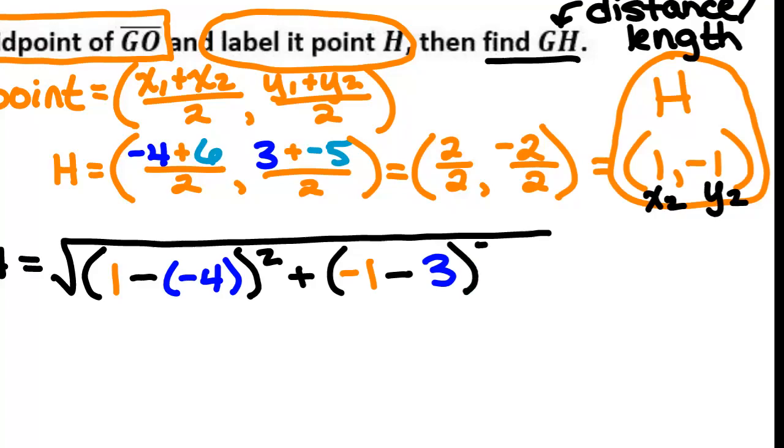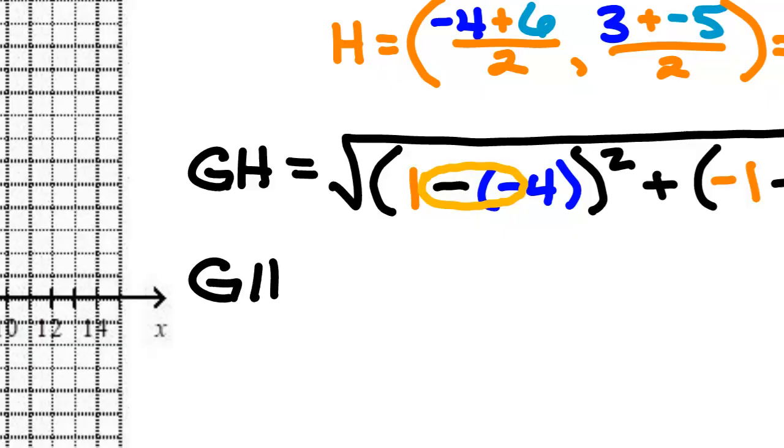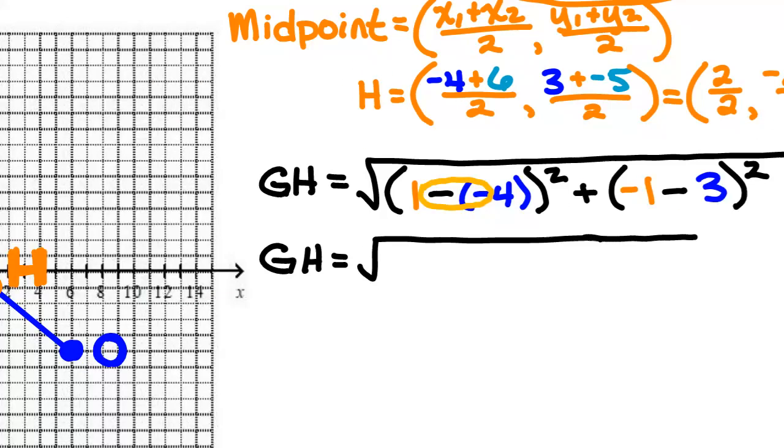Close my parentheses and square it. What happens in the first set of parentheses where you subtract a negative like this? Becomes a positive, yes. So from G to H, we have this big long square root sign. I have 1 plus 4 squared plus negative 1 minus 3 squared.